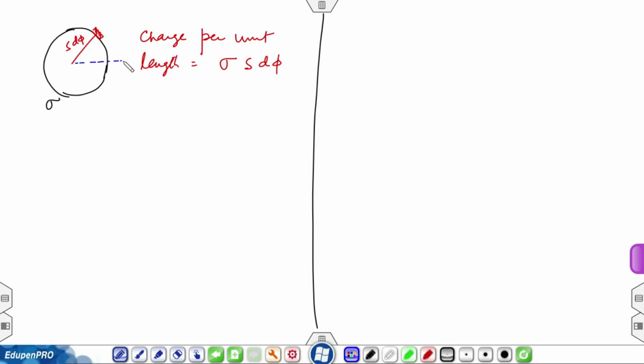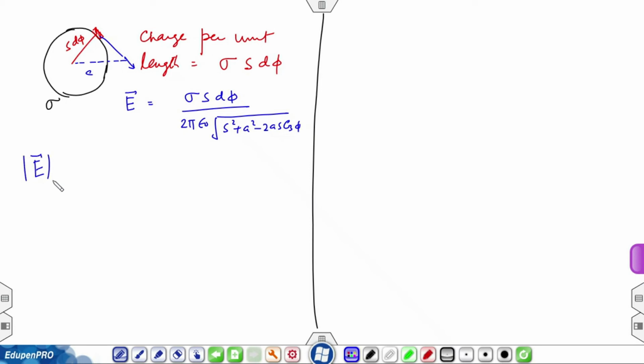Then the field at this distance A, E, is going to be sigma S d phi over 2 pi epsilon 0 square root of S square plus A square minus 2 A S cosine of phi, and E horizontal, using the cosine we have already calculated, is going to be sigma S d phi over 2 pi epsilon 0 times (A minus S cosine phi) divided by (S square plus A square minus 2 A S cosine of phi).